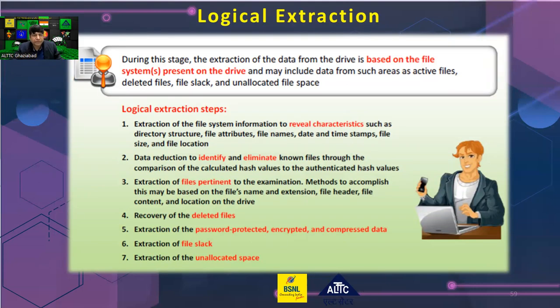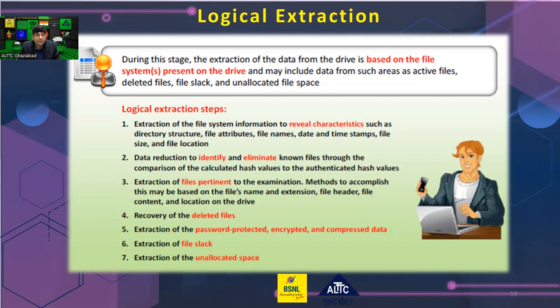During this stage, there are different steps: extraction of the file system information to reveal characteristics such as directory structure, file attributes, file names, dates and timestamps, file size, and file location. Data reduction to identify and eliminate known files through the comparison of the calculated hash value to a known hash value.